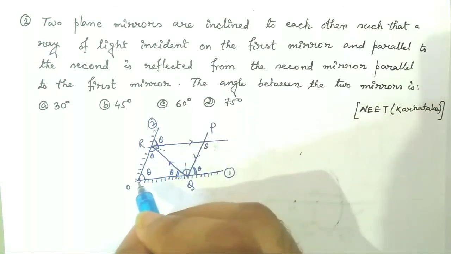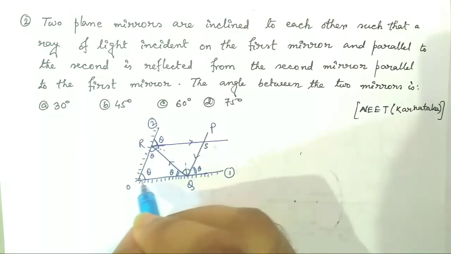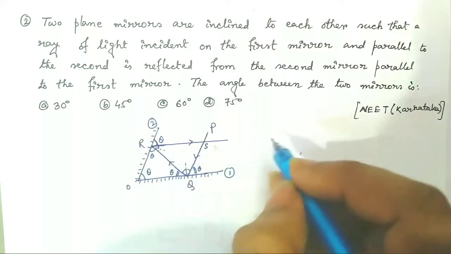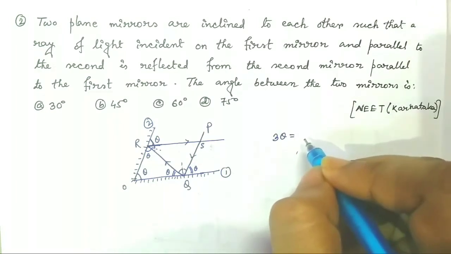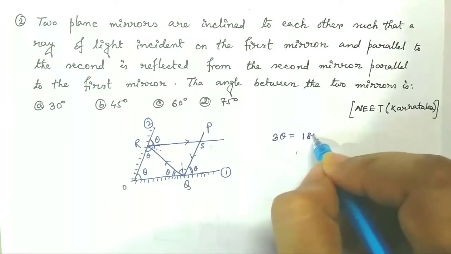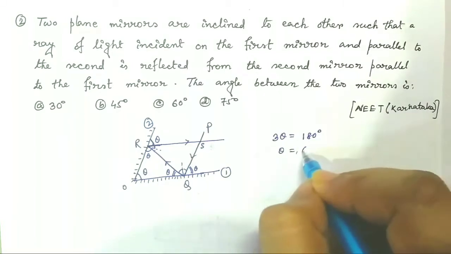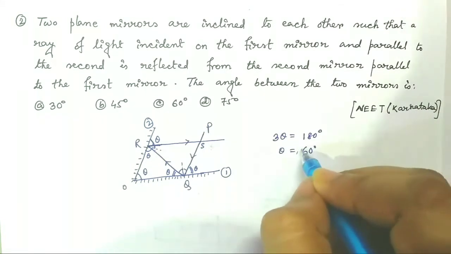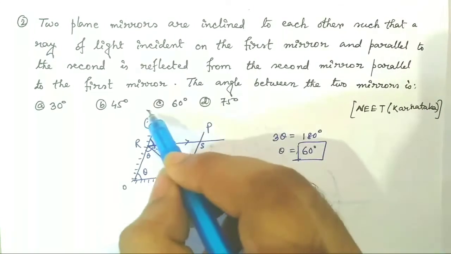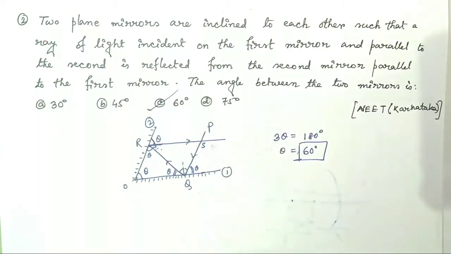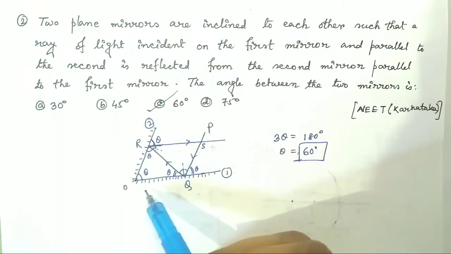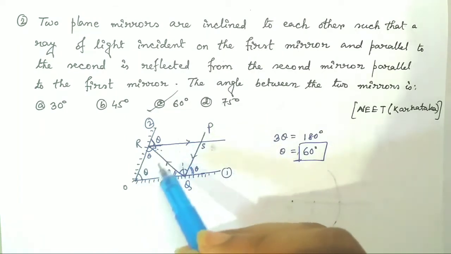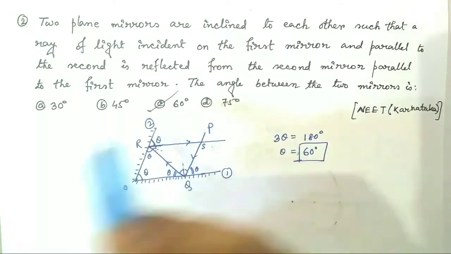So considering triangle ORQ, we can write from this triangle 3 theta equal to sum of all three angles is 180 degree. Then theta is 60 degree. That is option C is the correct answer. Because this theta is the angle between these two mirrors. Hence the angle between these two mirrors, theta equal to 60 degree, option C.